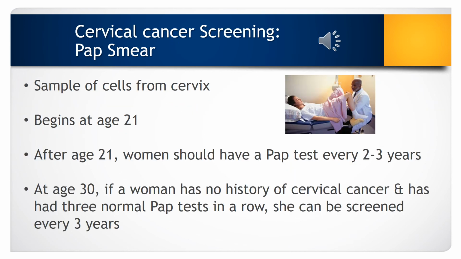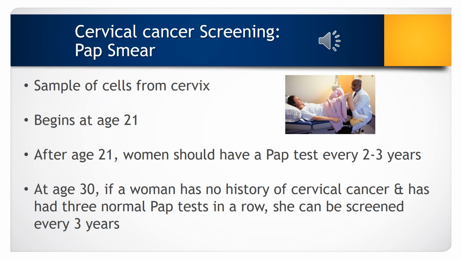We screen for cervical cancer through a procedure called a Pap Smear. And what we're doing is taking a sample of cells from the cervix, and we're screening for HPV, human papilloma virus.